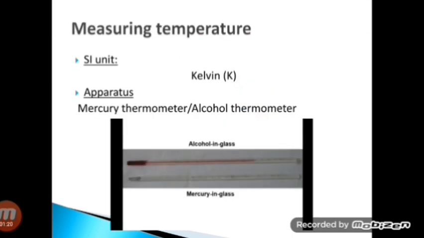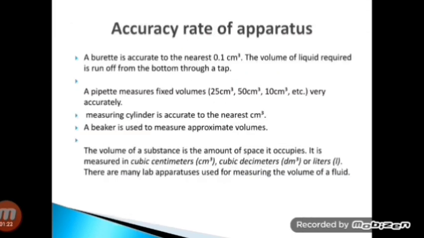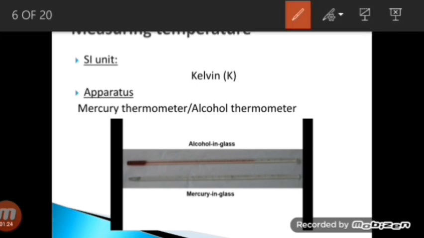Next one is measuring temperature. The System International unit of measuring temperature is Kelvin. It also has other units such as degree centigrade and Fahrenheit, and these three different units are interconvertible. The apparatus which is used to measure temperature in the laboratory is basically the thermometer.